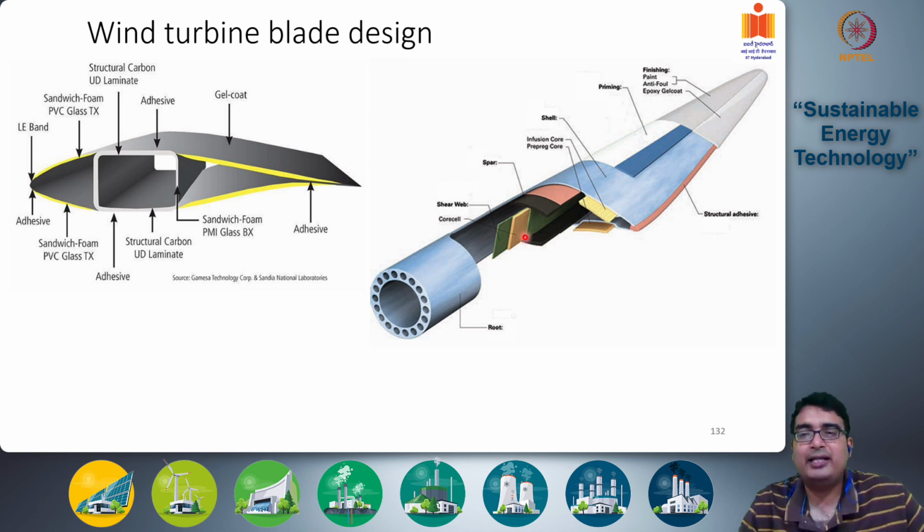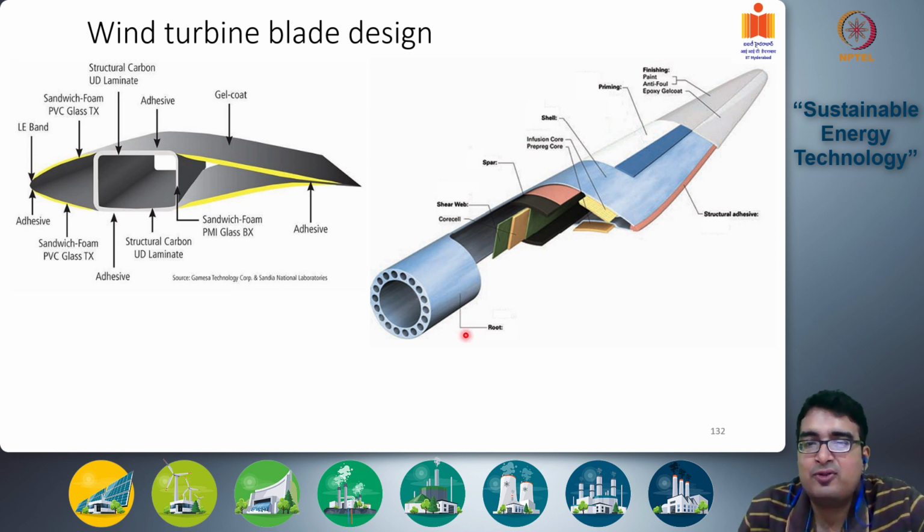This is how the blade is structured nowadays. It is entirely hollow. There is an outer shell, then an infusion core and a spar, all of which are made primarily of carbon fibers, sandwich foam, PVC, glass, etc. These are modern materials.